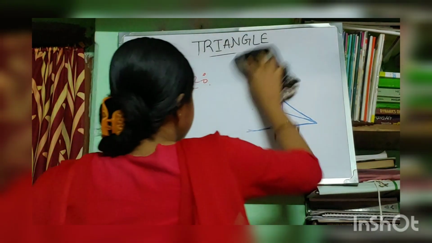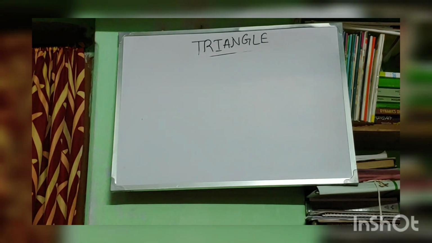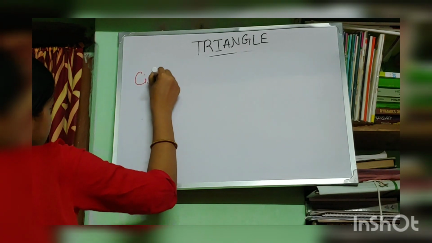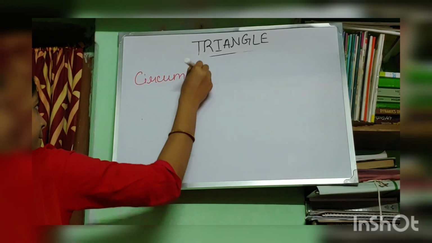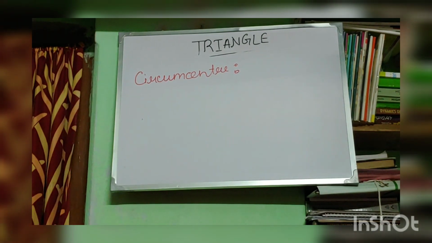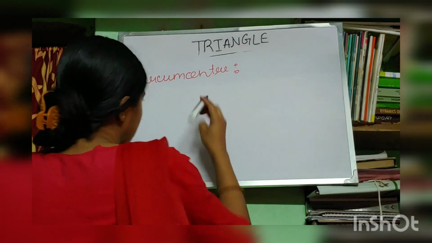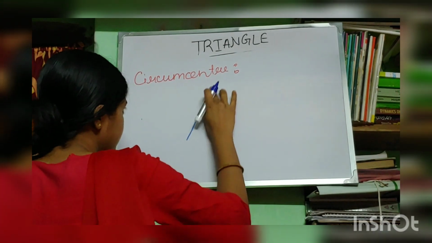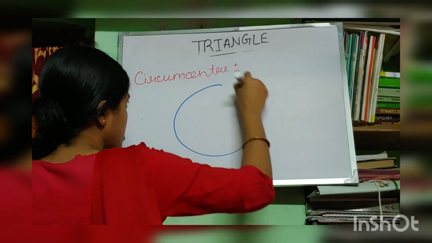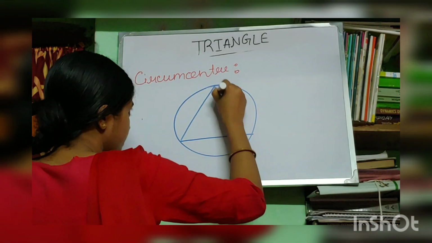Now what is the circumcenter? The circumcenter is the center of that circle which touches all the vertices of a triangle.